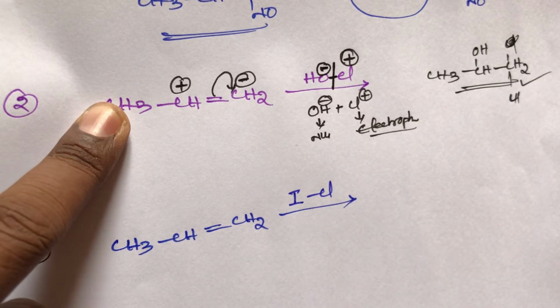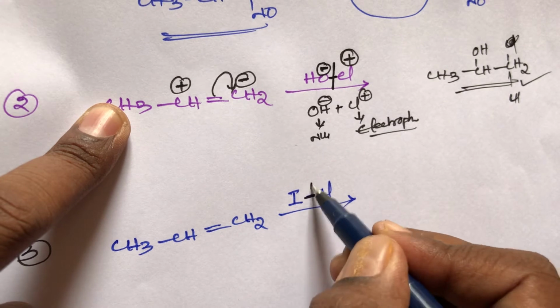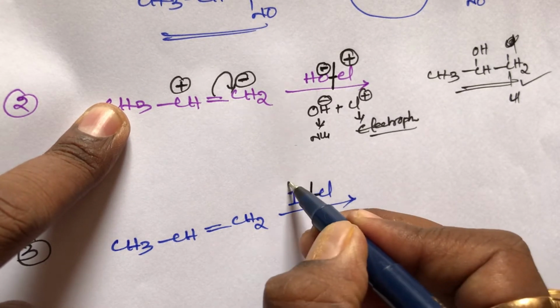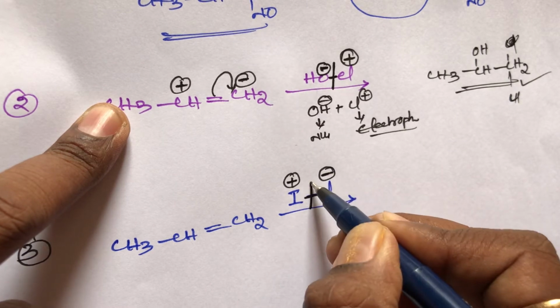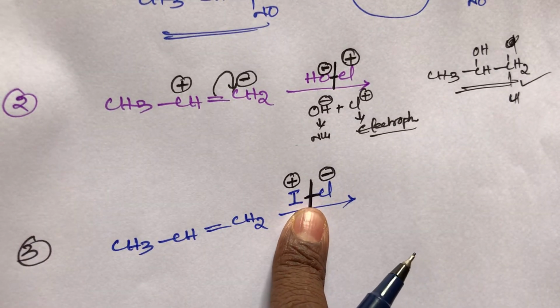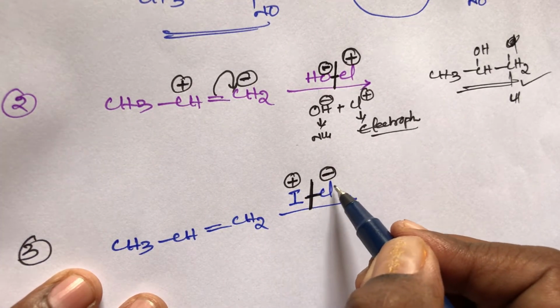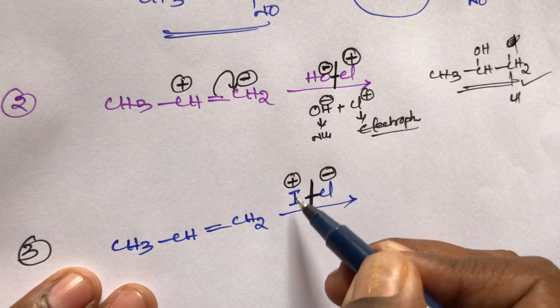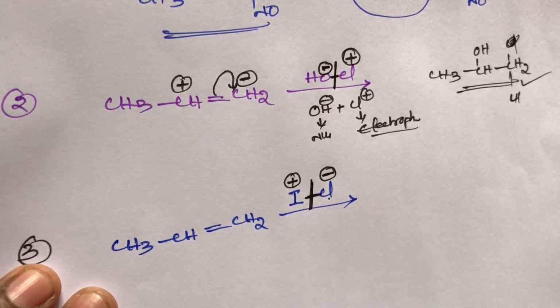Both are in the same group. Chlorine is more electronegative than iodine, so chlorine gets the negative charge and iodine gets the positive charge. This chlorine is the nucleophile and iodine is the electrophile.